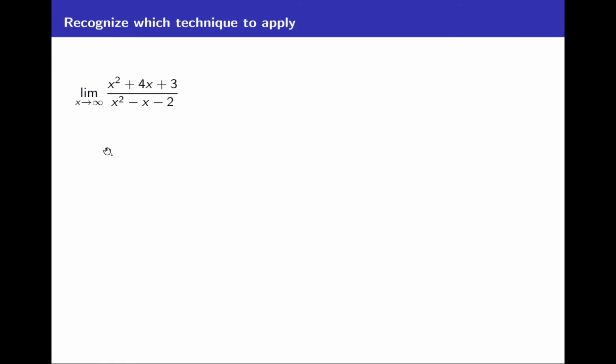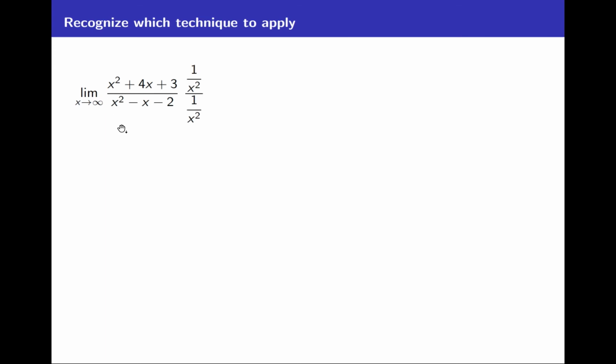And I'll illustrate that on this page. Suppose we had the limit as x approaches infinity of x squared plus 4x plus 3 over x squared minus x minus 2. Well, you'll recognize this as a limit at infinity of a polynomial. You know now to pick off the highest power of x, which is x squared. It happens on the top and the bottom.